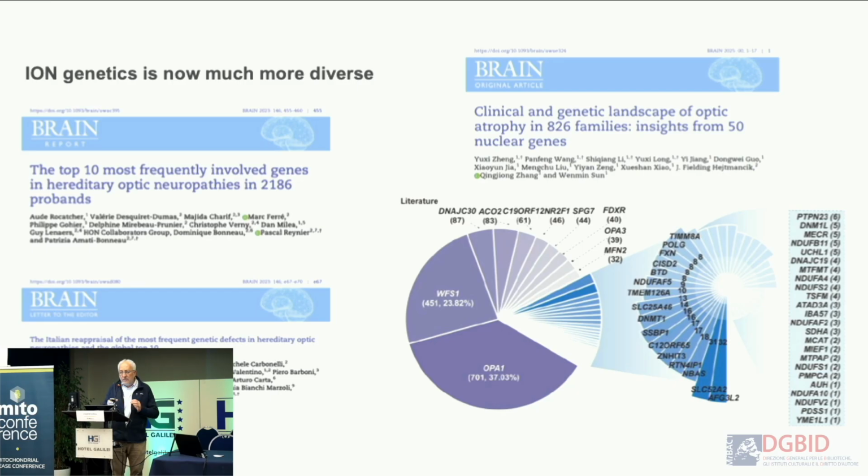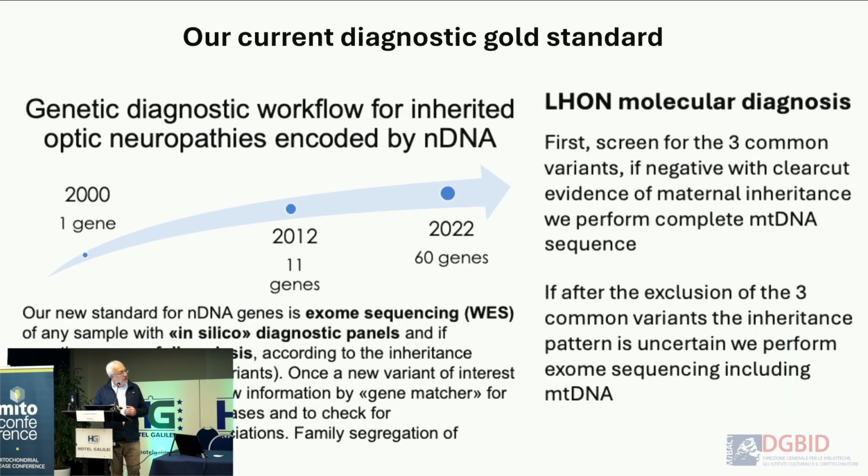And so for those of you who are interested in diagnostics of optic neuropathies, there are these 3 papers which collect very large cohorts and give you a kind of hierarchy of which gene is more frequent and which one is rarer. So we have a very large landscape from the diagnostic point of view nowadays.